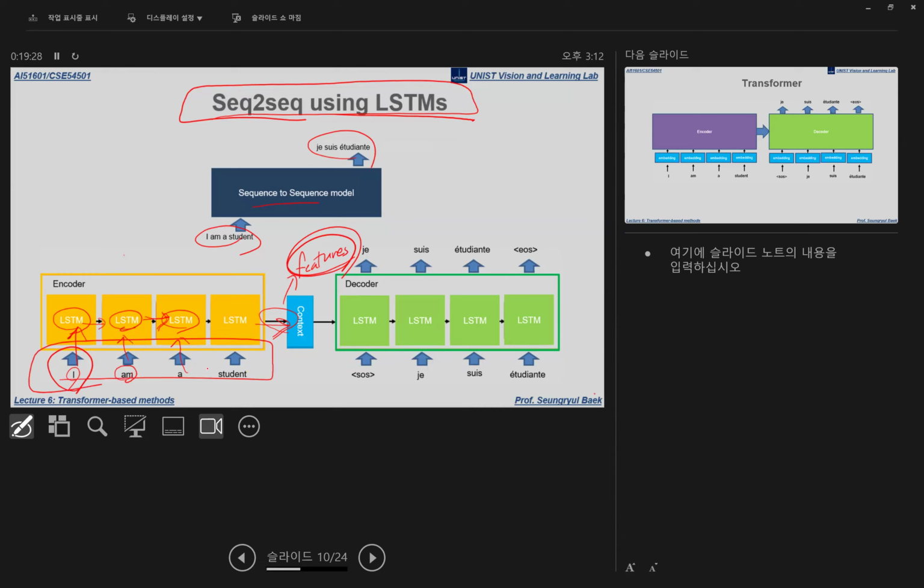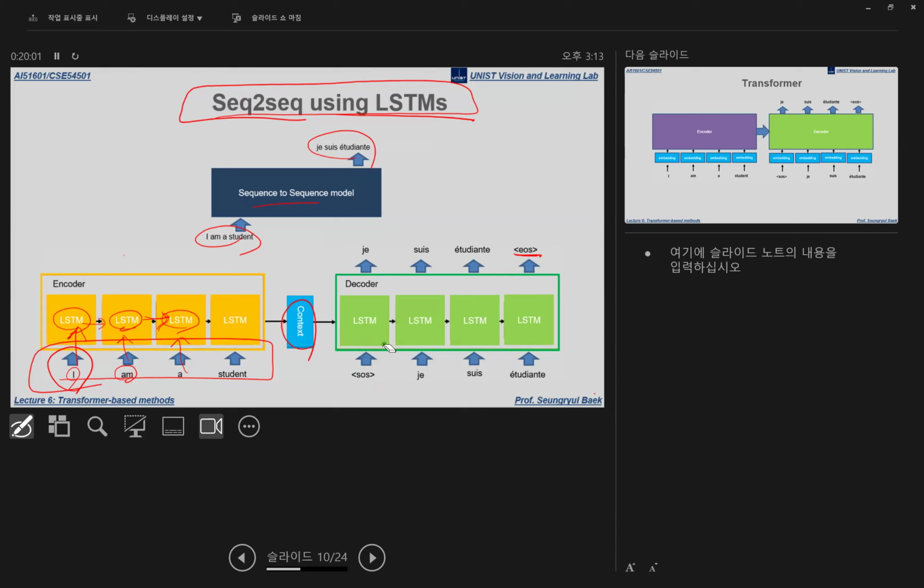Okay, and then in the decoder, what they do is first input the starting token, the start of the sentence, and there is also an end token for the end of the sentence. So at the first time, given this feature for one sentence, the decoder looks like this, having just one LSTM.